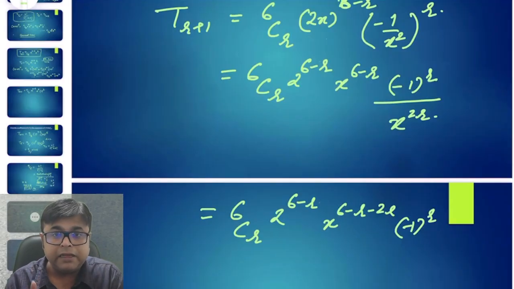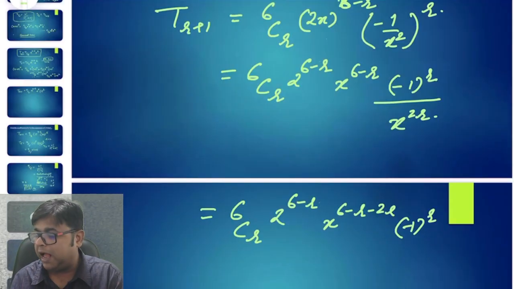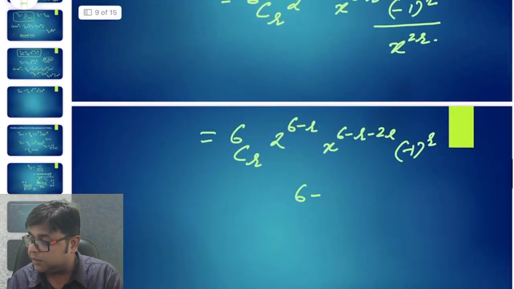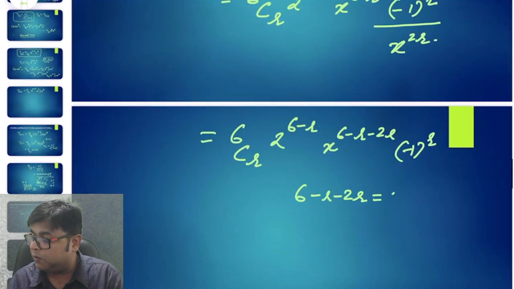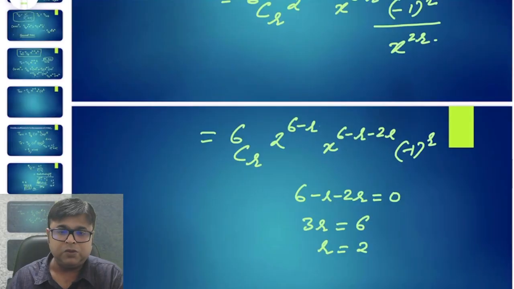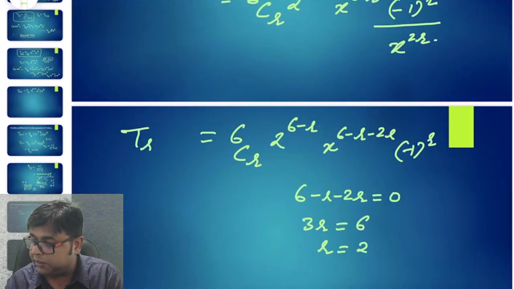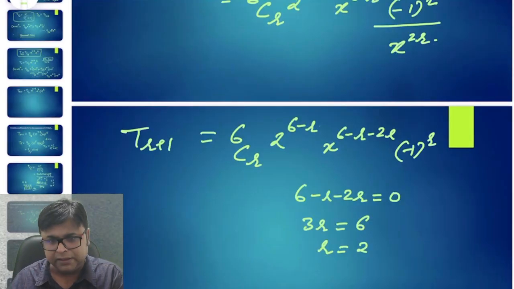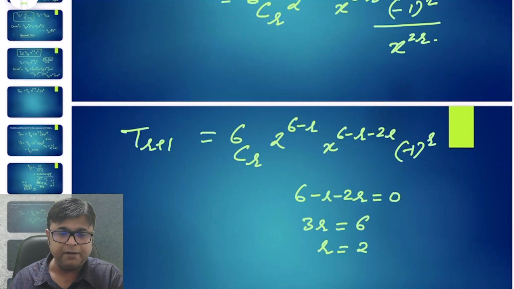Now if the term has to be independent of x, then the power of x should be 0. So I'm going to put the power of x as 0. So I'm going to get 3r equal to 6. So r will be 2. So r is 2 and I know my general term is T(r+1). So actually the third term will be independent of x.